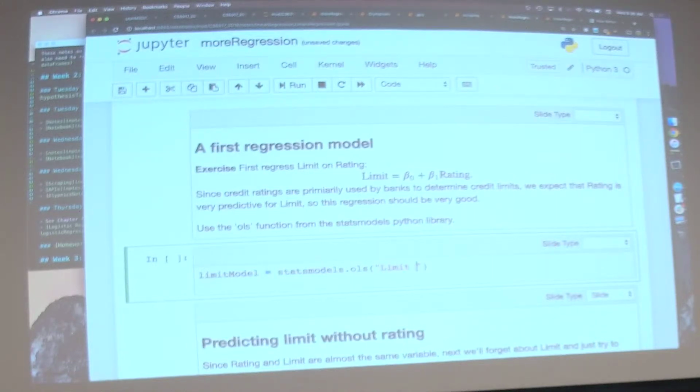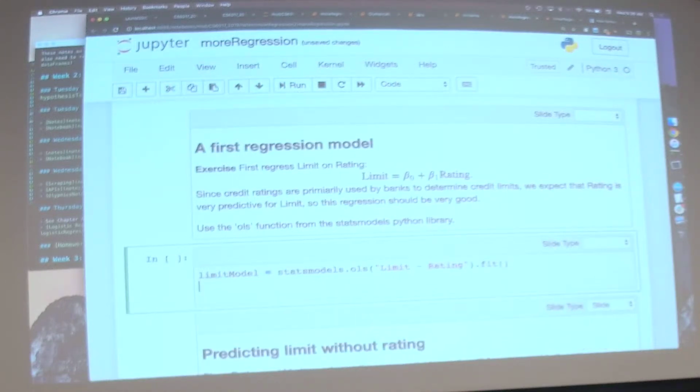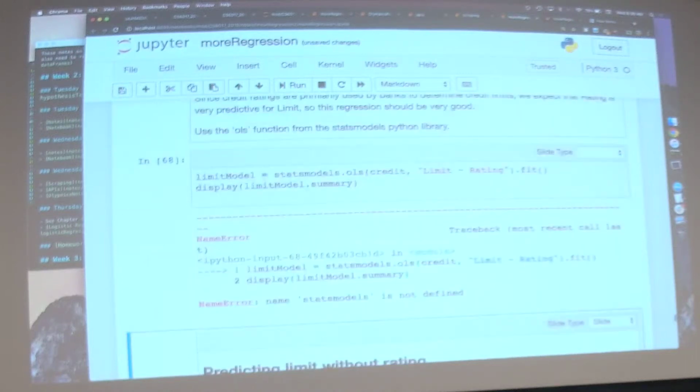We think that limit is a function of rating.